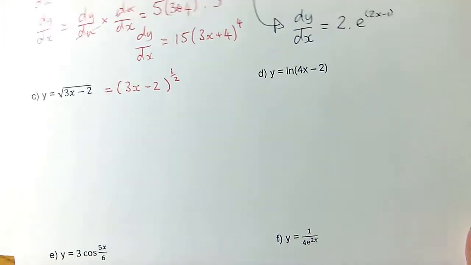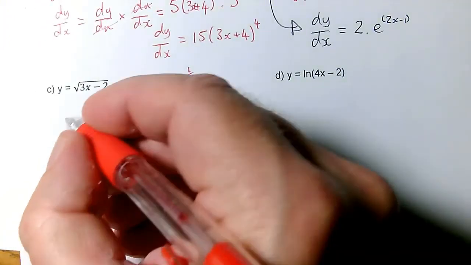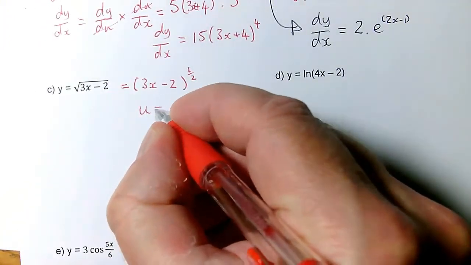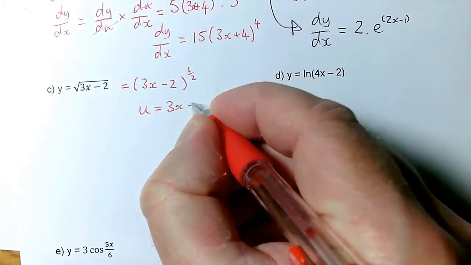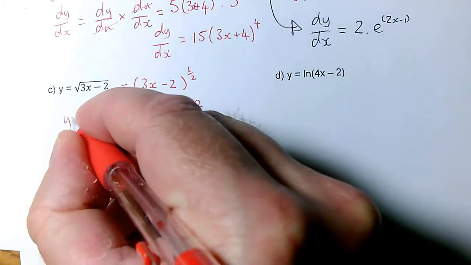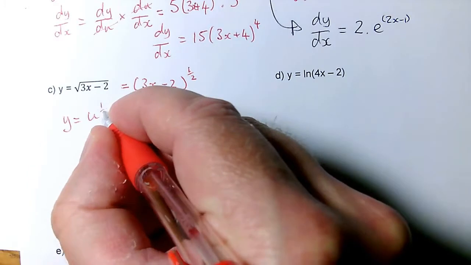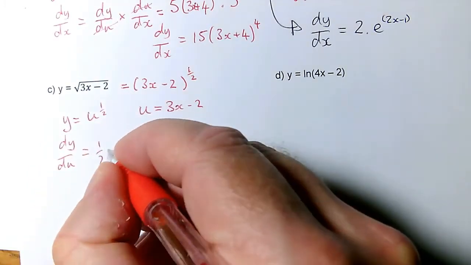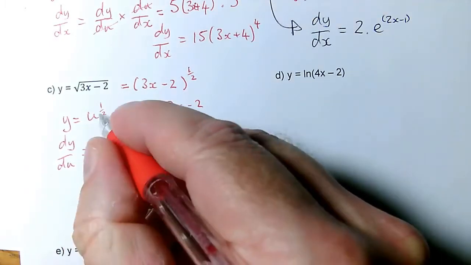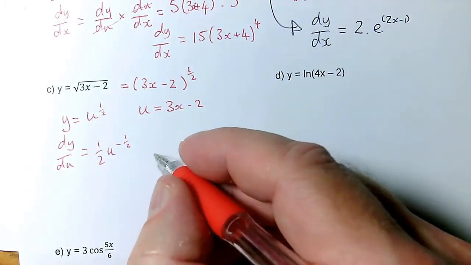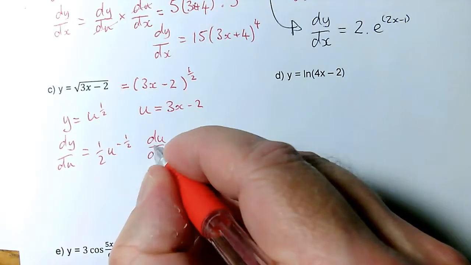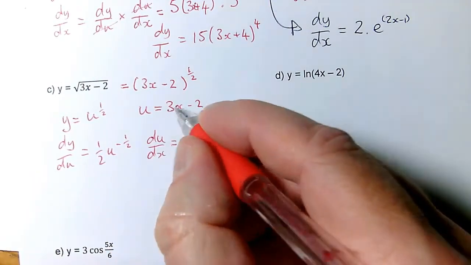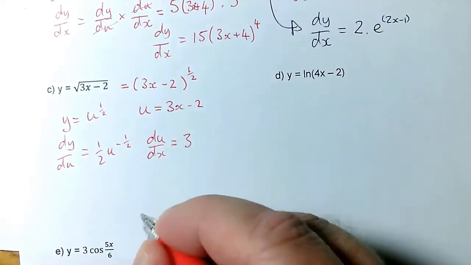Okay. Long method for the chain rule is inside function, inside the bracket I've got 3x minus 2. My outside function y equals u to the power of a half. dy by du equals a half u to the power of minus a half. Take one away from the power, multiply by the old power. And du by dx equals, this differentiates to 3.